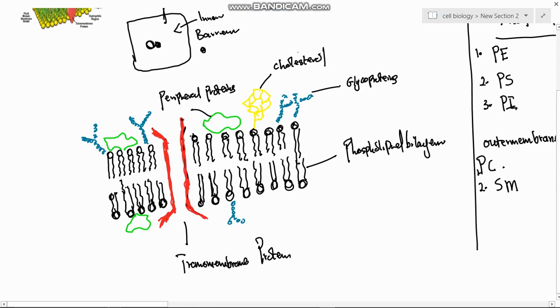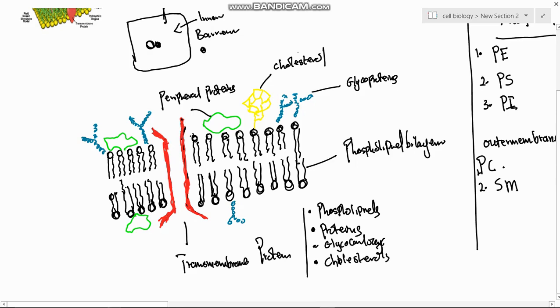So the plasma membrane basically consists of components such as the phospholipids, then we have proteins, then we have the glycocalyx, then we have the cholesterol.